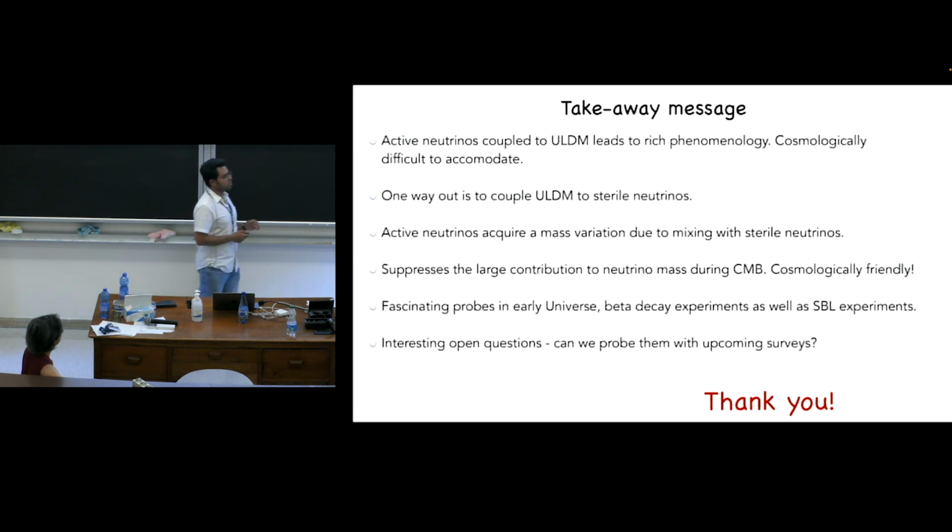And this is good because this can be cosmologically safe, and as a result, this can allow you to get rid of the bounds that come from CMB and structure formation. At the same time, this can give you all these interesting probes in different experiments, and leave us with some open questions which we can probably probe with our upcoming cosmic surveys.